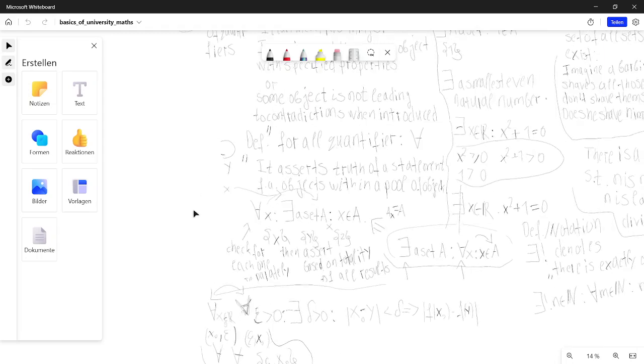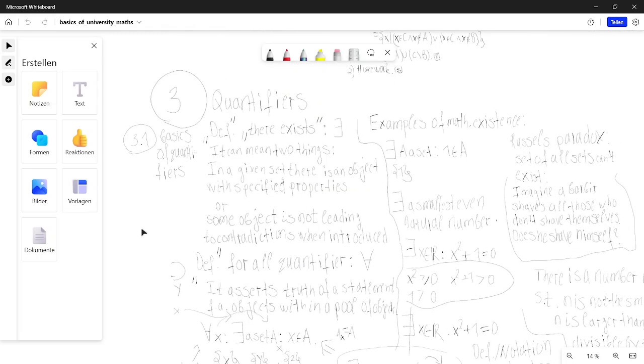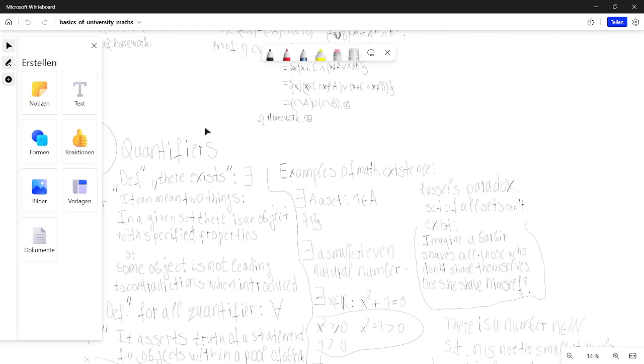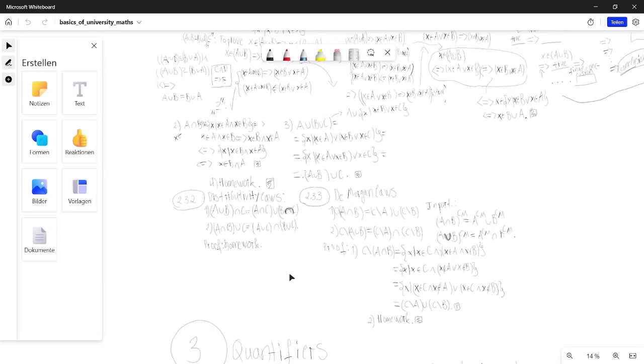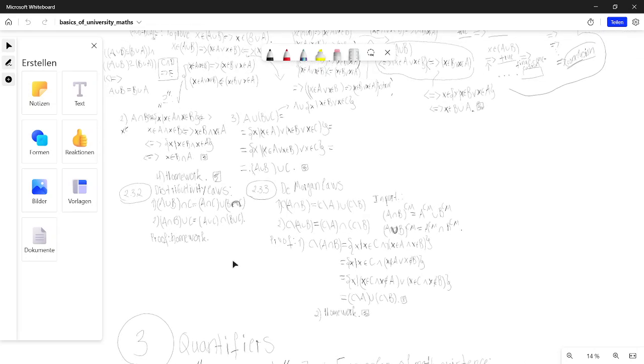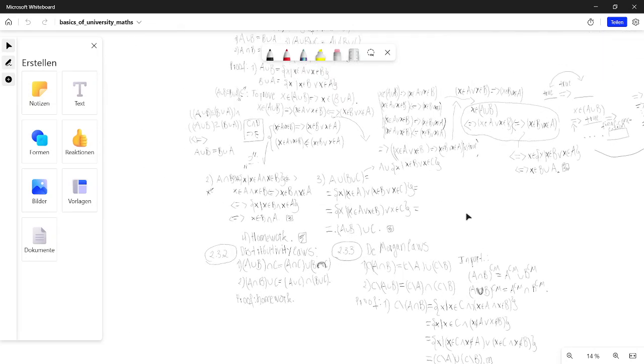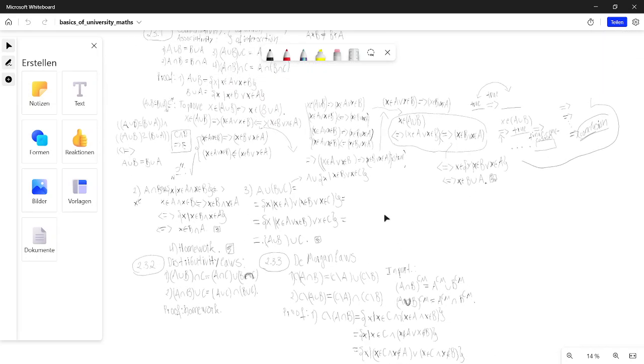And before the quantifiers, we finished the topic sets after considering certain identities between set operations that were just yielded by the corresponding identities of the logical statements, right?